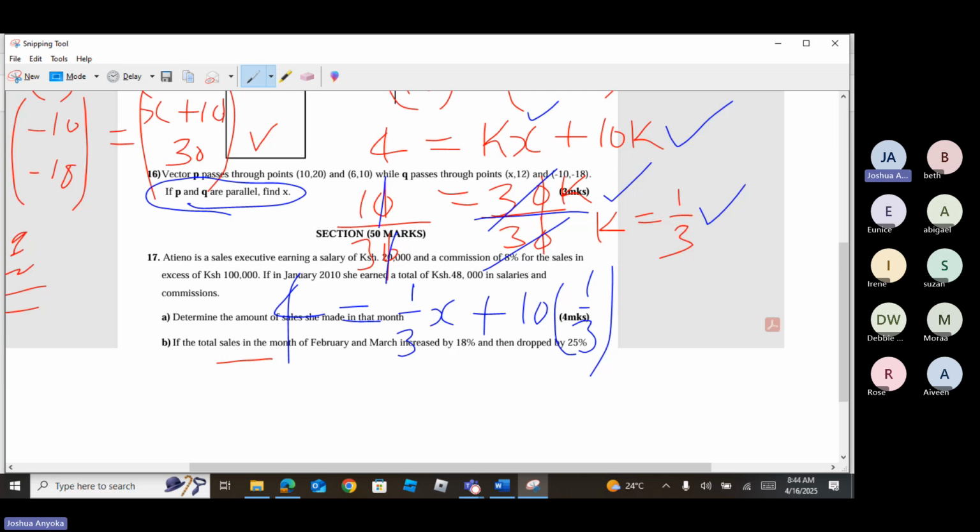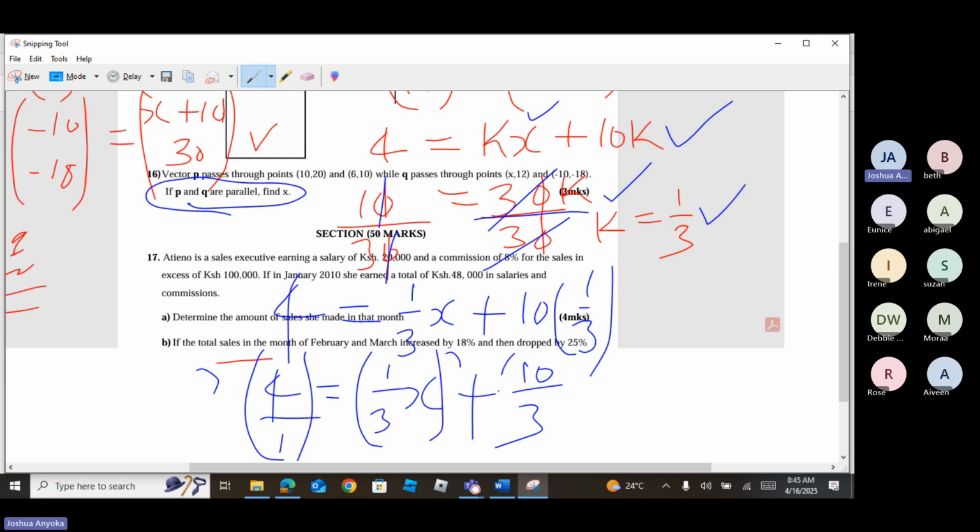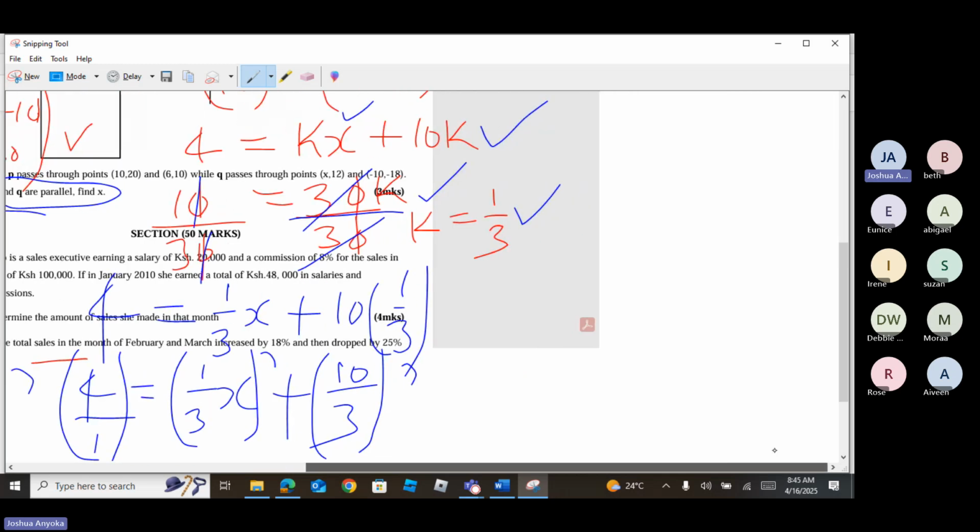So in this case, we work out. So 4 is equal to x plus 10 over 3, multiplied all through by 3. Whichever way you use to solve an equation, you can solve.